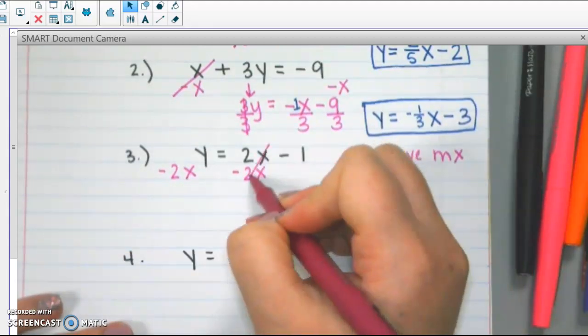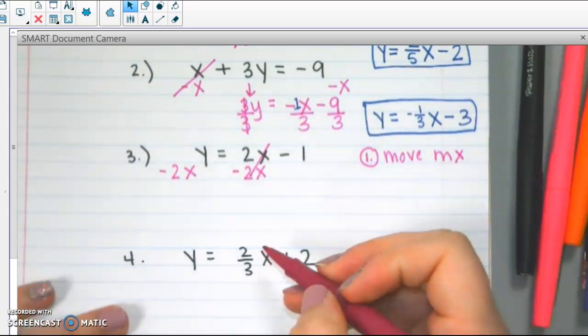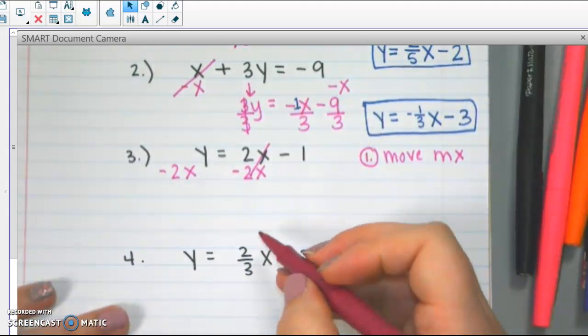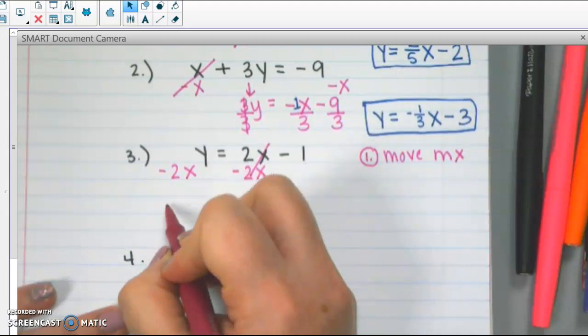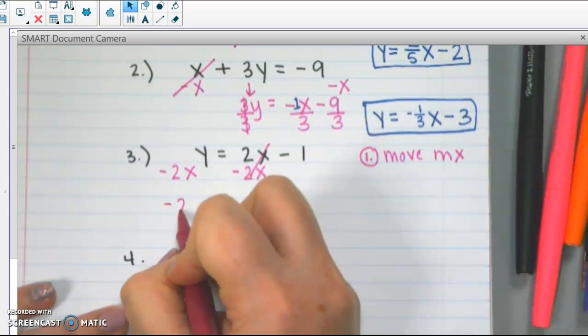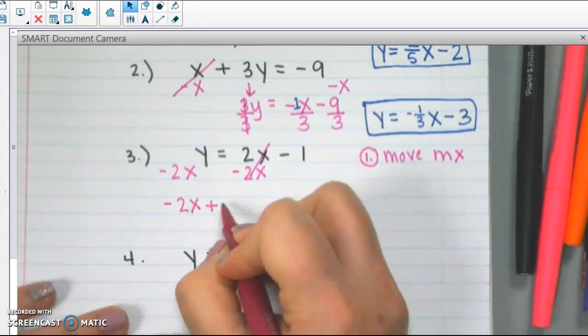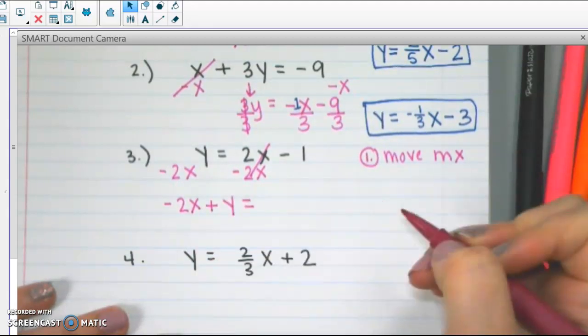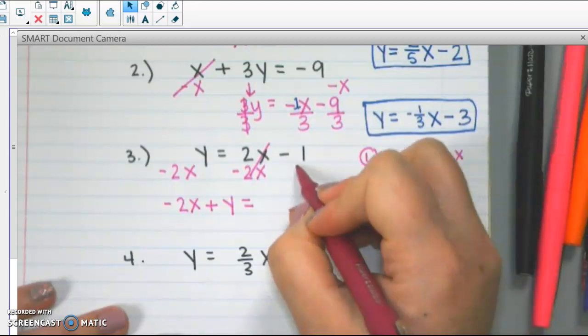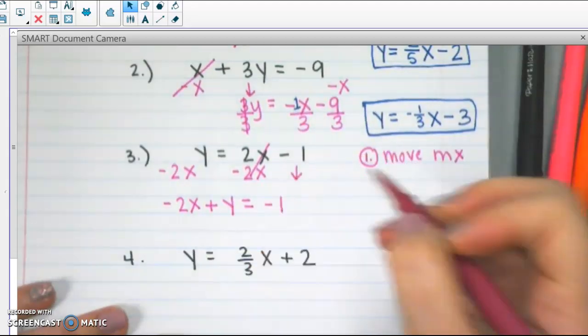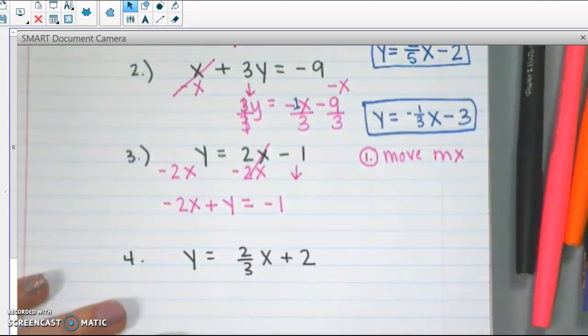All right, so now that's gone. And in standard form, the x is usually first. So I am going to drop this down as negative 2x, and then that's a plus y because it was positive. And on the other side, the only thing I have to drop down is negative 1.